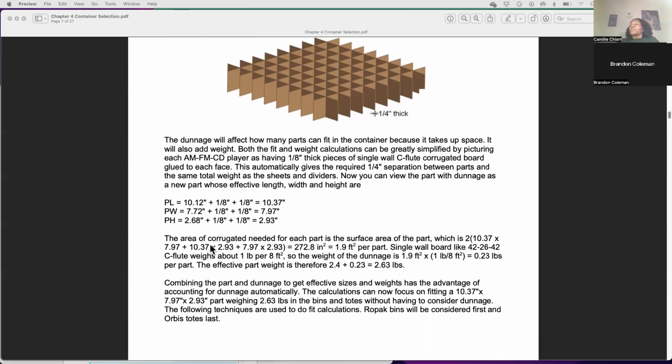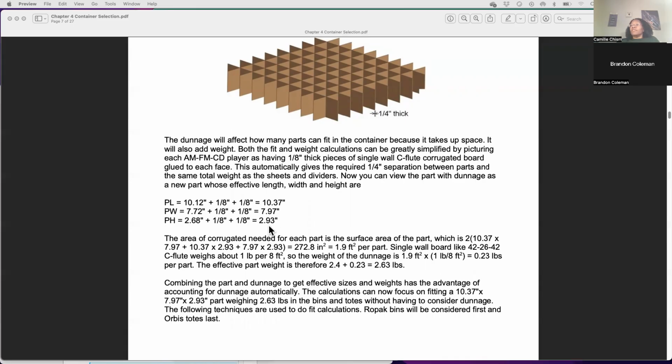Okay, so you're taking the area, you're trying to figure out how much corrugated you need for the dunnage. And you're going to take that 10.37 times 2.93, which is the height with dunnage, plus the 7.97 times the 2.93.